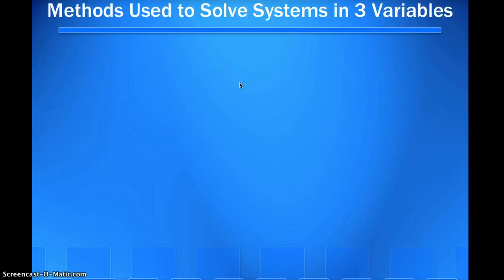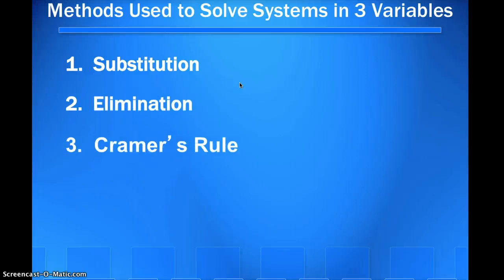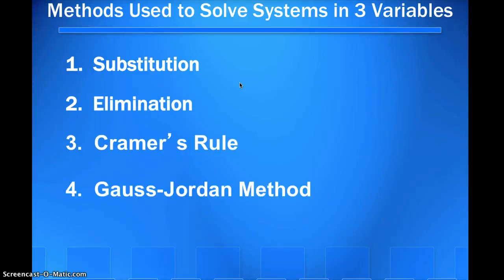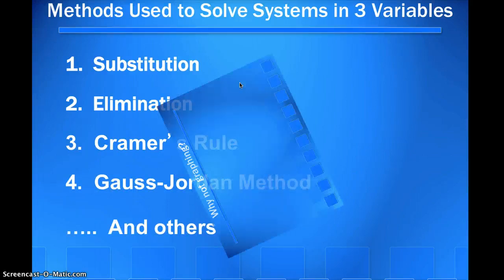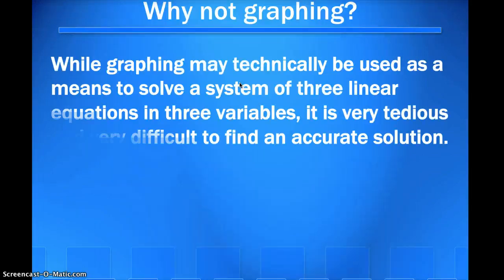So here are the methods that you can use to solve systems in three variables. You can use substitution, elimination, Cramer's rule, the Gauss-Jordan method, and others. Why not graphing?